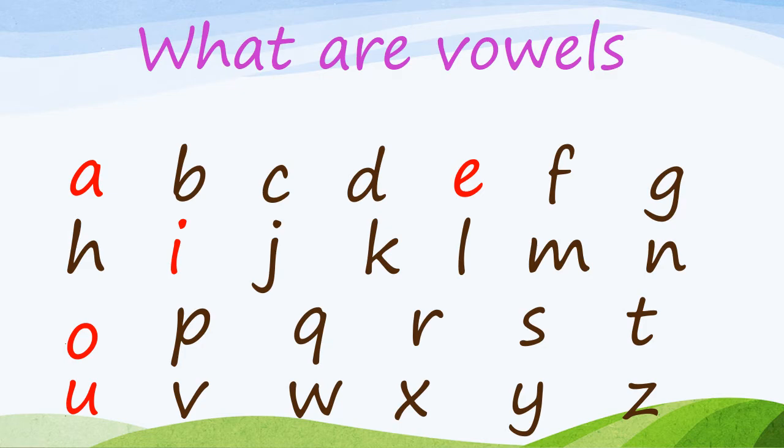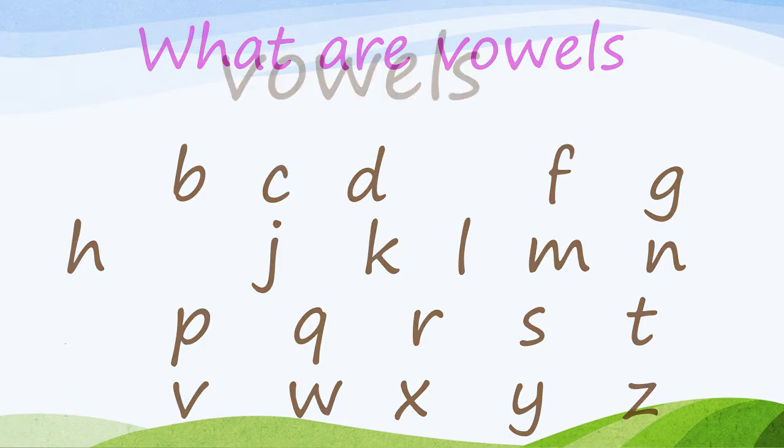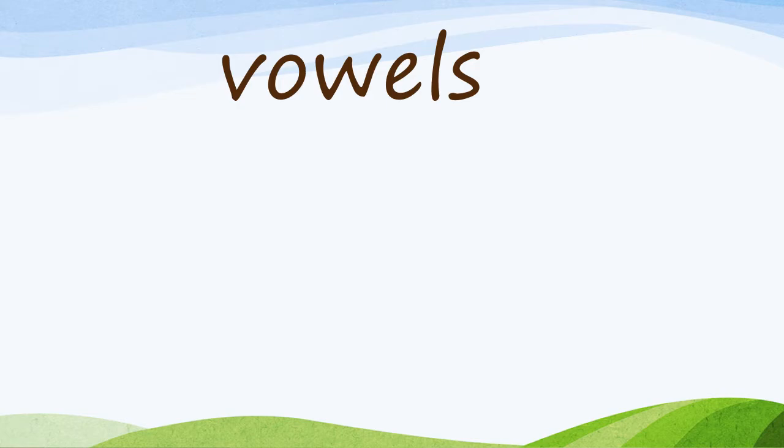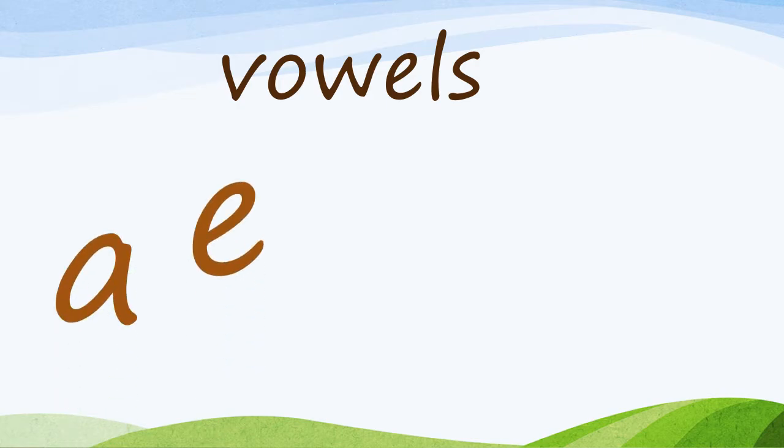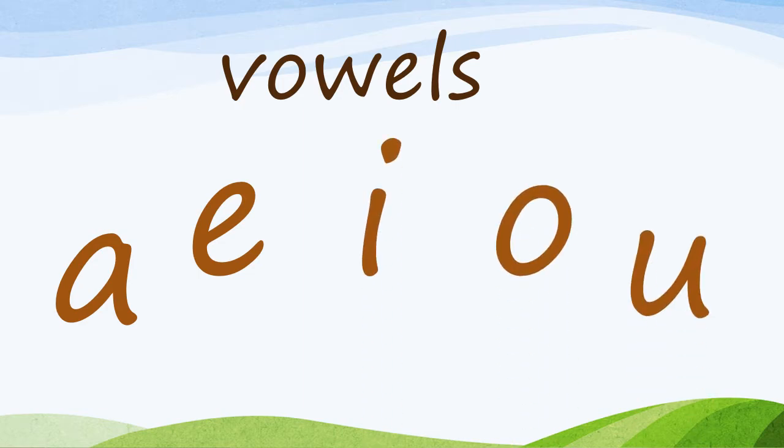In the English alphabet, there are 26 letters, and from these, A, E, I, O and U are vowels.